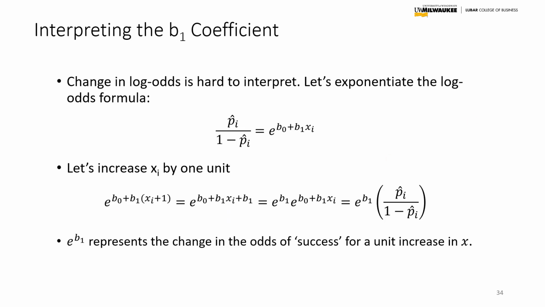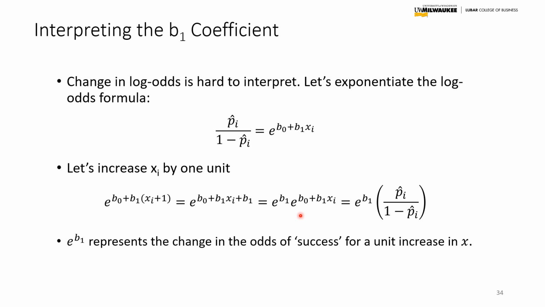Change in log odds is hard to interpret. Let's exponentiate the log odds formula. This gives us the estimated odds ratio to equal e to b0 plus b1 times x. Let's now increase x by 1 unit. This will give us e to the b0 plus b1 times x plus 1. Doing the algebra, we ultimately get e to the b1 times e to the b0 plus b1 times x.